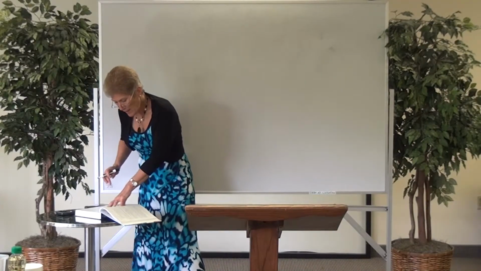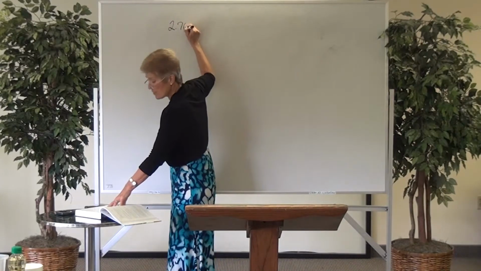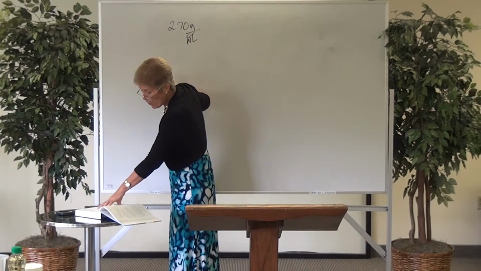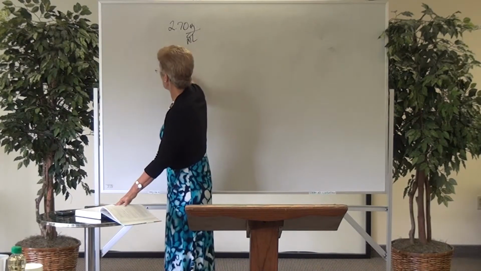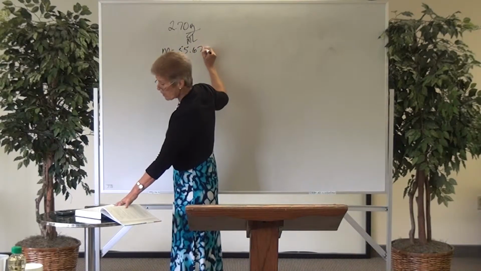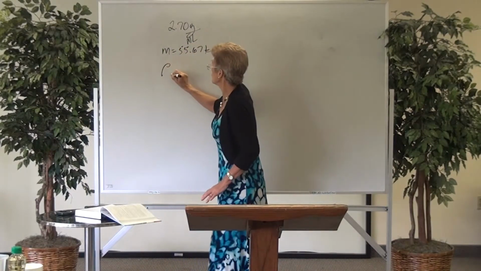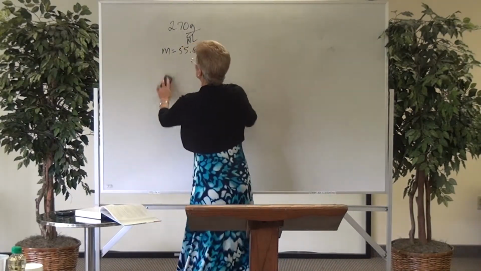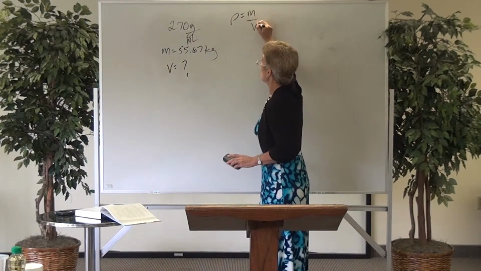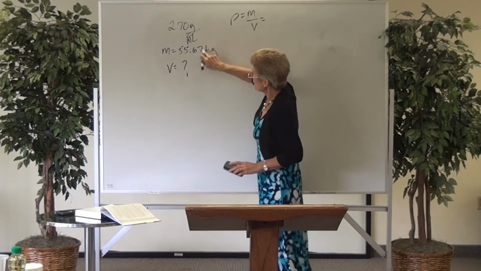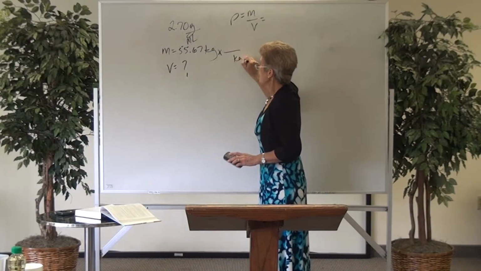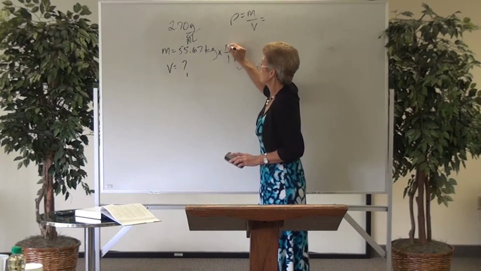Number 21, aluminum has a density of 2.70 grams per mil. What is the volume of an aluminum block that has a mass of 55.67 kilograms? And we want to know its volume. We know that rho equals mass over volume. The mass has got to be in grams because this is in grams. So we're going to go times line. Kilograms, grams, 1, 10 to the 3rd.